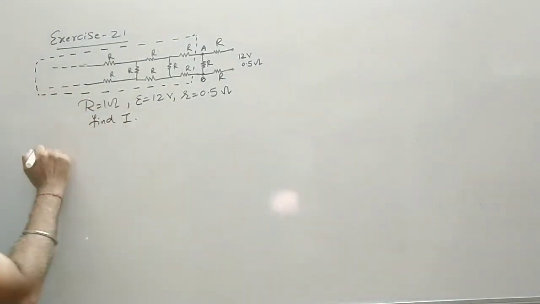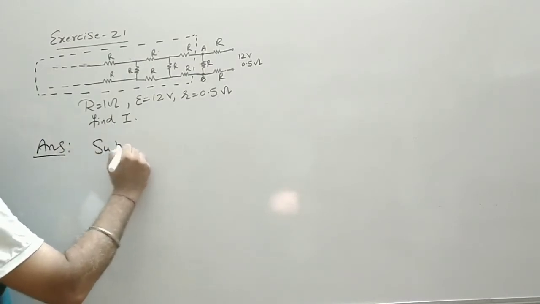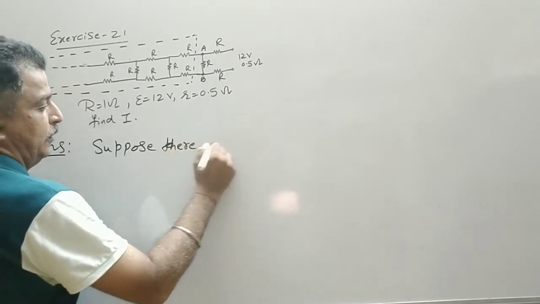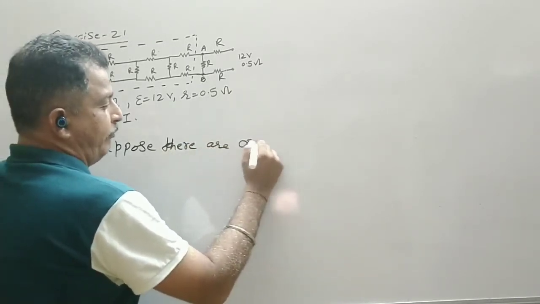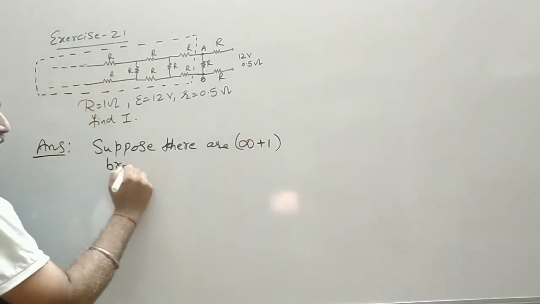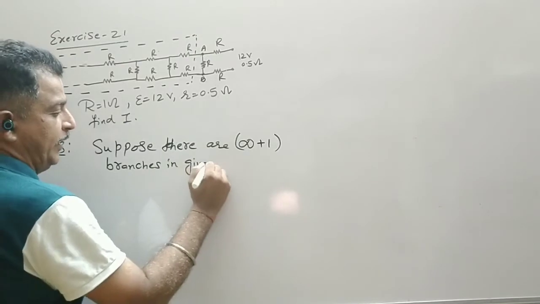So we draw the equivalent diagram. Suppose there are infinite plus 1 branches in the given network.